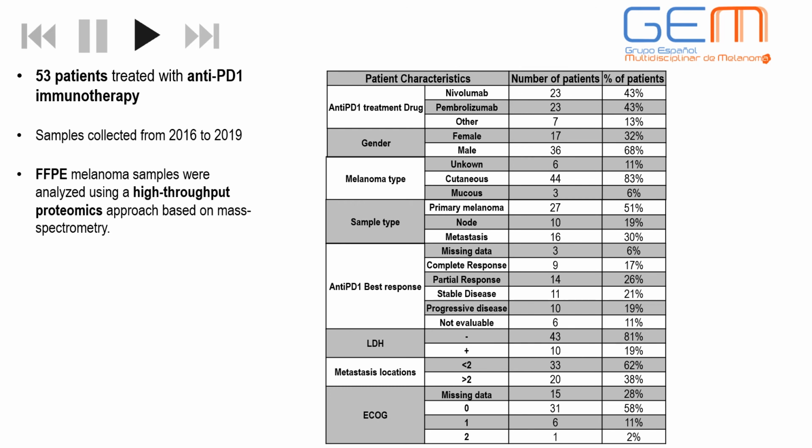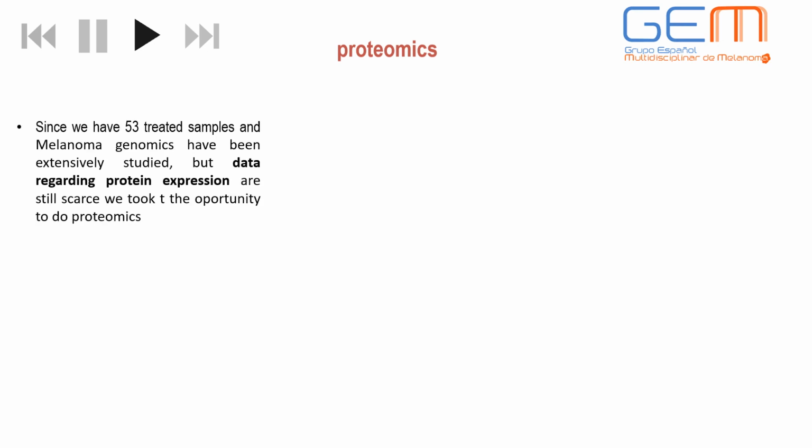With these patient characteristics taken into account, formalin-fixed paraffin-embedded melanoma samples were analyzed using a high-throughput proteomics approach based on mass spectrometry. Data regarding protein expression in melanoma samples are scarce, so we took the opportunity of having 53 samples to analyze them by high-throughput proteomics.